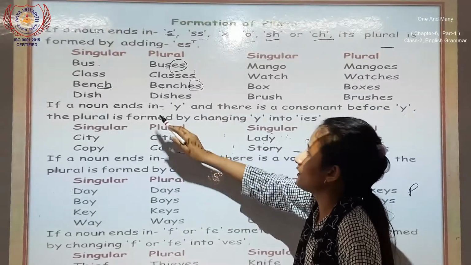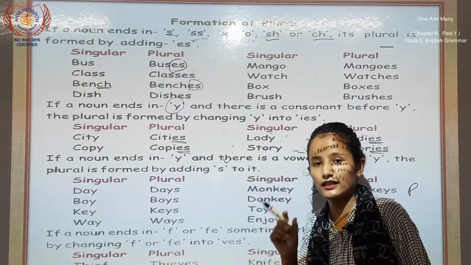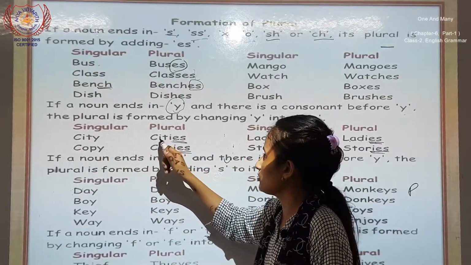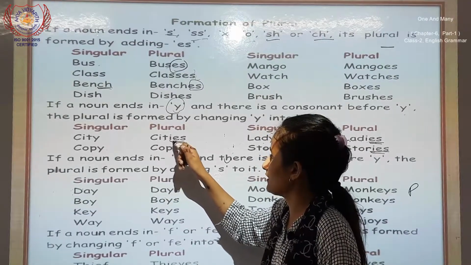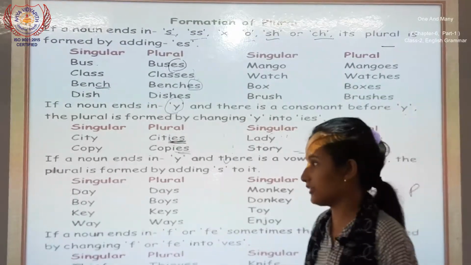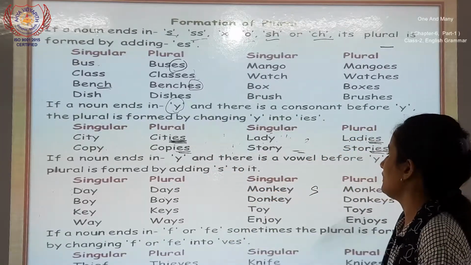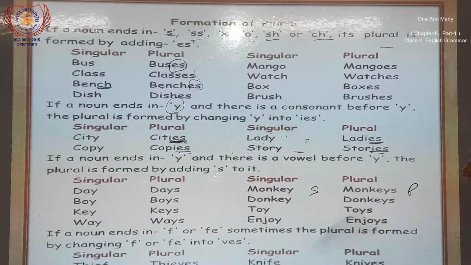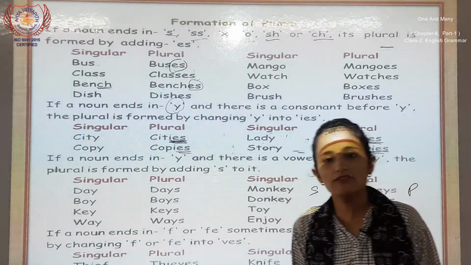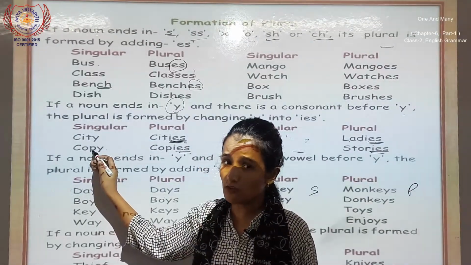Okay? Whenever words end with y, कोई भी वर्ड एंड होता है लास्ट में y दिखता है तो क्या करना आएगा, क्या हम लोग को क्या लिखना होगा, CITIES। y के बदले में हम लोगों को क्या लिखना होगा, IES। ओके, सो नेक्स्ट, if a noun ends in y and there is a vowel before y, the plural is formed by adding s to it. अब देखिए यहाँ पर vowel से there are no vowels, right?